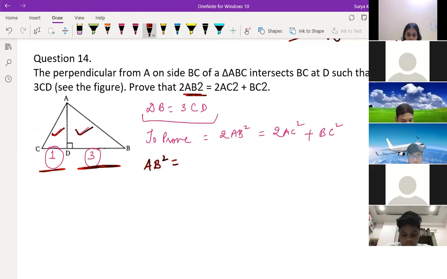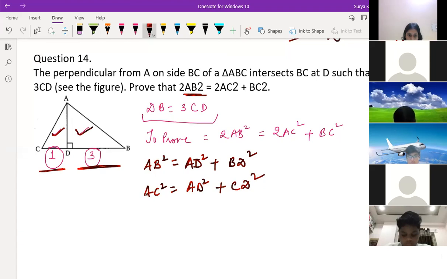AB square is equal to AD square plus BD square. Next, for AC square we can write AD square plus CD square.